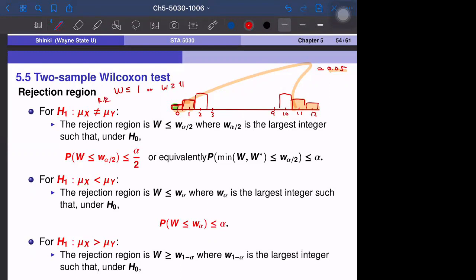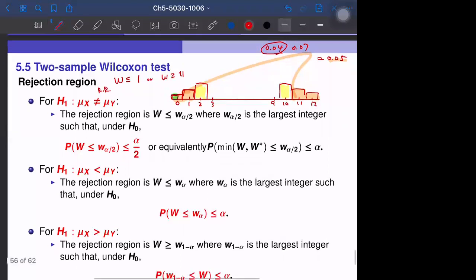If the sum of the 2 areas is only 0.04, but with additional bins the probability becomes 0.07, then we have to take the smaller one. So the rejection region is still W smaller than or equal to 1, or 11 or larger. And for a one-sided test, we can just think about the one-side probability.